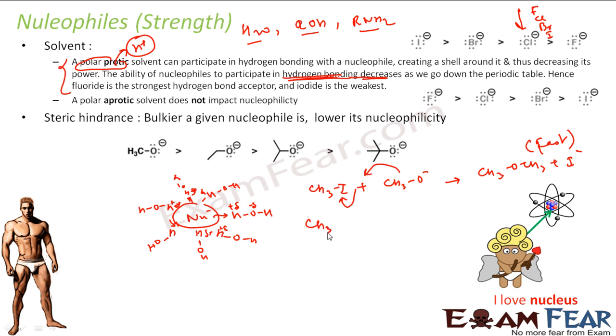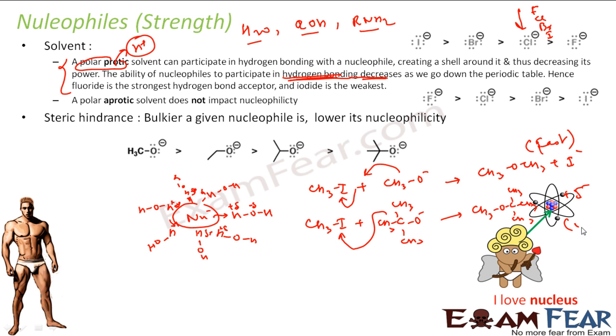For the same substrate CH3I, if I add this guy as my nucleophile, what will this guy do? This guy will also attack this iodine, and it will form CH3O and then CH3, CH3, CH3, plus I minus.